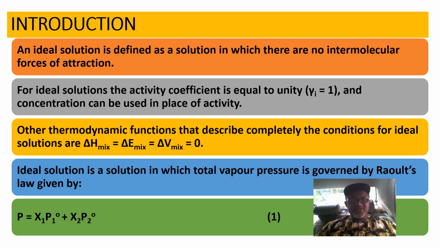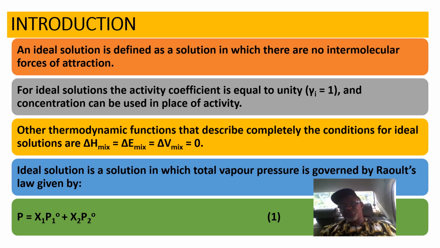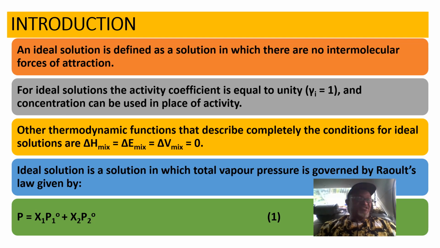For ideal solutions, the activity coefficient is equal to 1, that is equal to unity, and the concentration can be used in place of activity. If we still remember our Lewis fugacity rule, which says that the fugacity is equal to the fugacity coefficient multiplied by the pressure, or the activity is equal to the activity coefficient multiplied by concentration.